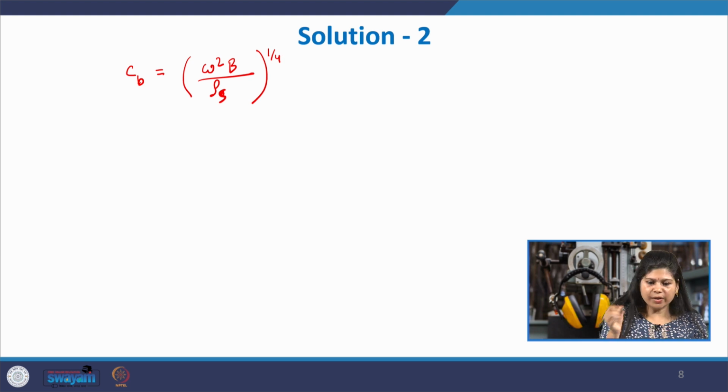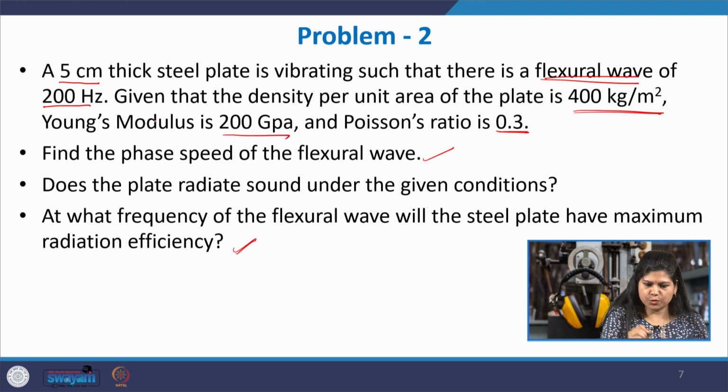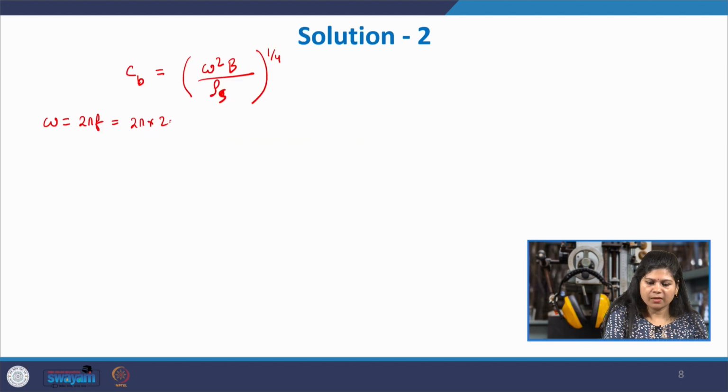Now, let us find these individual quantities. Omega should be 2 pi f, which for a 200 hertz wave comes out to be 1256.6 radians per second.